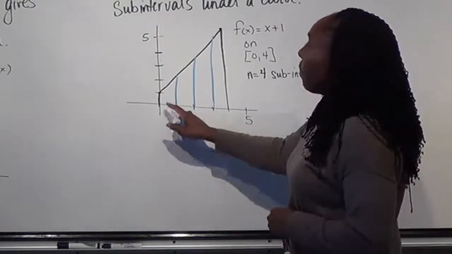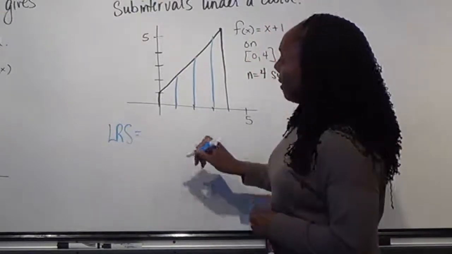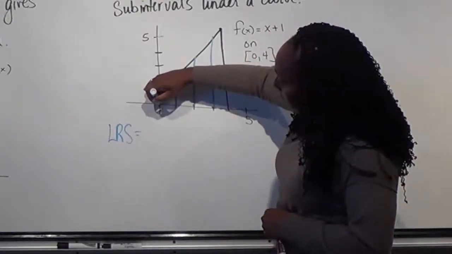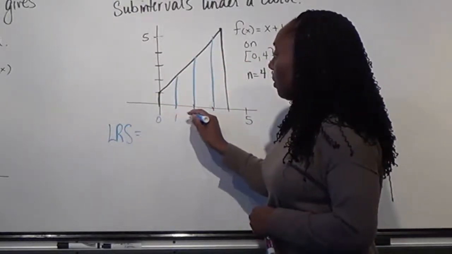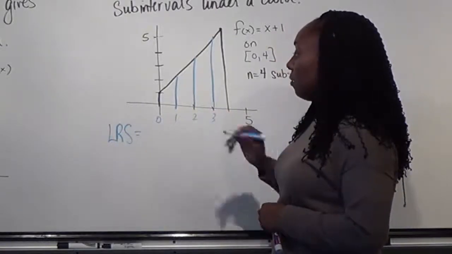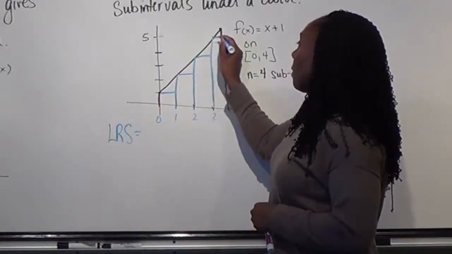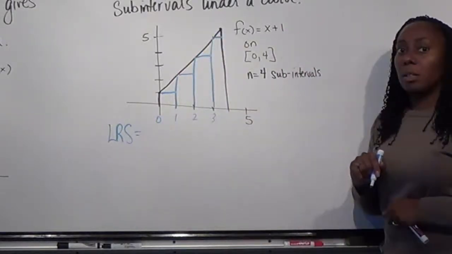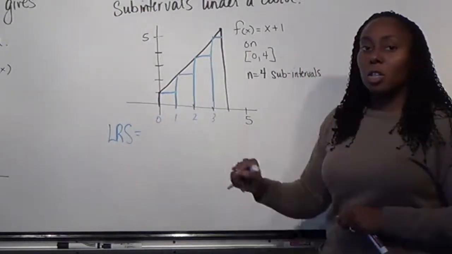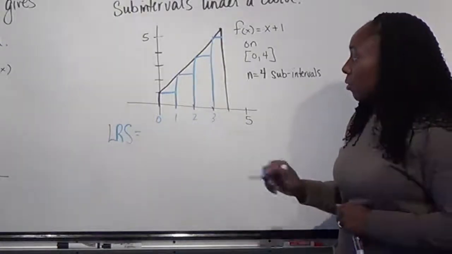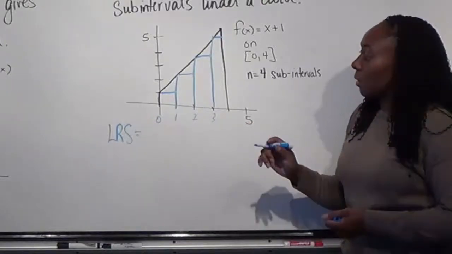Okay? And if I approximate this using left Riemann sums, I can see that my rectangles are going to take the height of the function at the left-hand endpoint. So in this case, I'm looking at 0, 1, 2, and 3 as my left-hand endpoints. And if I look at those rectangles, there's what my rectangles would look like. Okay? And so to get my area from this, it just says I'm going to use my formulas for areas of rectangles, which is basically the length times the height, or the length times the width, if you think of them kind of sideways.